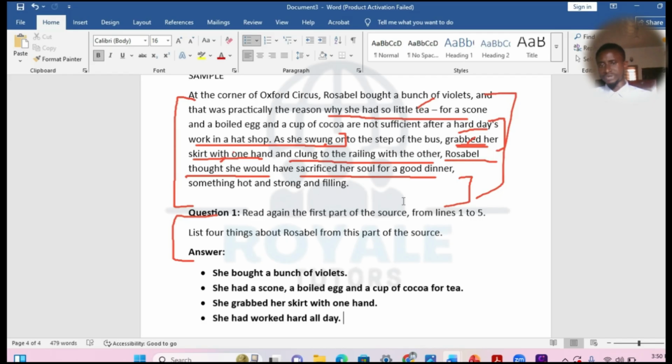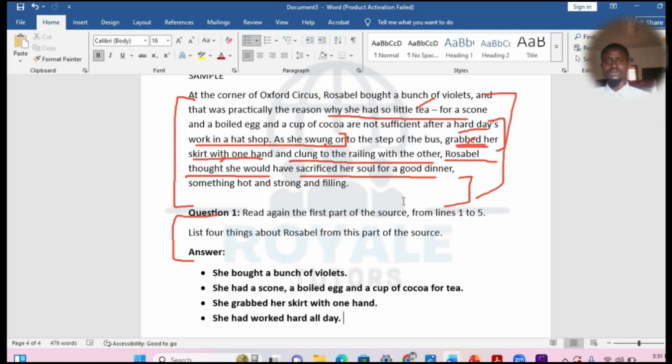You don't need to infer, you don't need any interpretation. We also looked at what the question typically looks like. And we mentioned a few things like they could tell you to list four things about the setting, four things about the character, four things about what happened, four things about the weather, situation, room, etc.